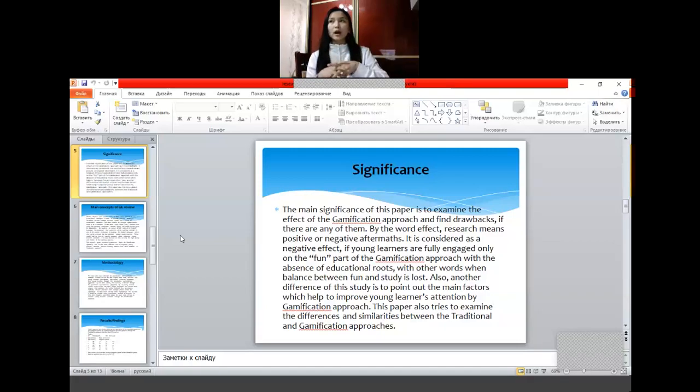So we are looking for not only positive effects, but also negative effects, if there are any. Because other works which were done about the gamification approach were talking only about their positive impacts, their pluses, advantages, and so on. But my research will also look for the disadvantages.